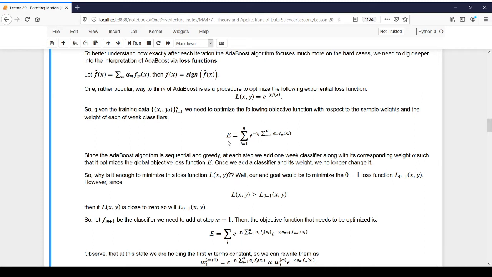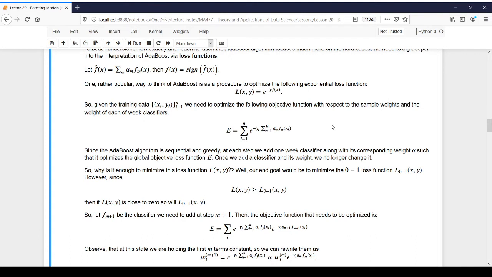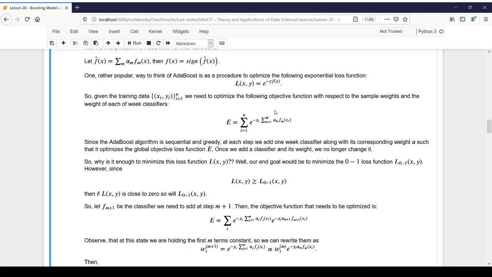It does not try to find a global set of alpha_m's and w_i's that optimize this objective function, but rather at each stage, at stage m+1 for example, it tries to find the parameter alpha_{m+1} and the weights w_i that result in the smallest objective function at that stage. Okay, so it does not try to look any further.